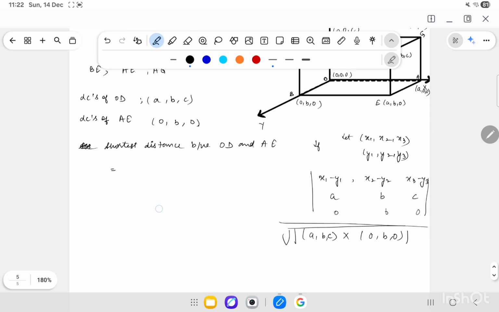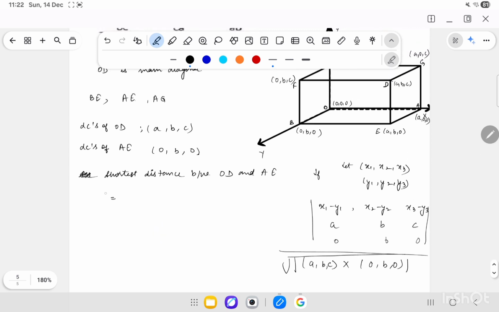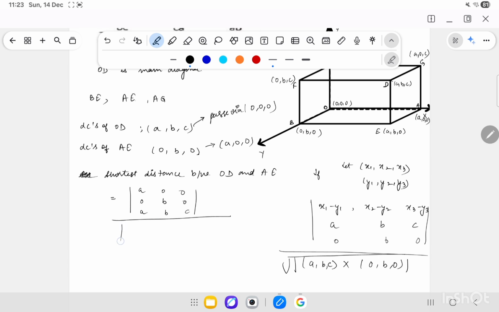So if you see that OD passes via the origin, likewise AE passes via a, 0, 0. Now if I use the shortest distance formula, it will be the determinant of a 0 0, 0 b 0 and a b c, divided by the square root of the cross multiplication of the direction ratios, that is these two rows.